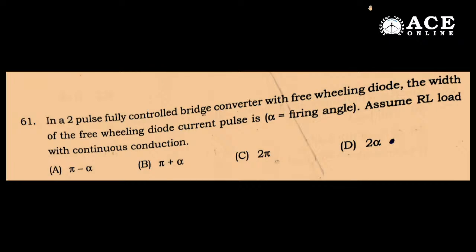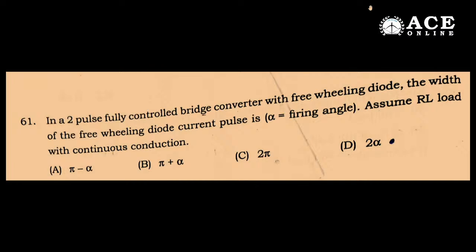So I0, the current flowing through the load, I am saying I0 is a constant current. Let us consider this equal to capital I0. If we want to draw the current flowing through the freewheeling diode, then how will it be?